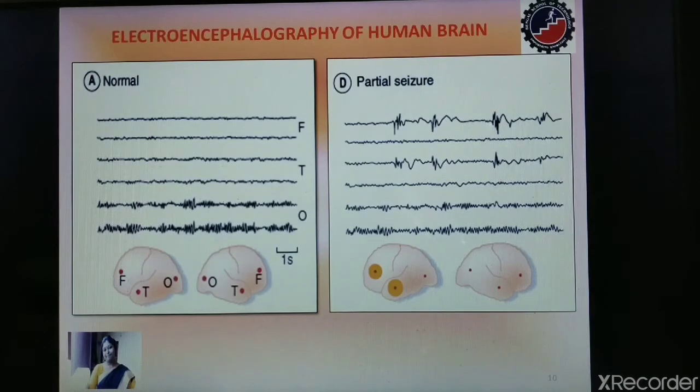In this case, the discharge begins locally and often remains localized. The symptoms depend on the brain region involved and may include involuntary muscle contractions, abnormal sensory experiences, or autonomic discharges. It may affect mood and behavior, and that is why it is often termed psychomotor epilepsy.